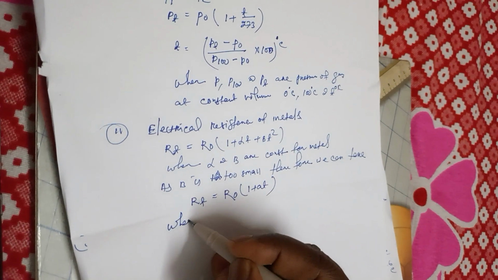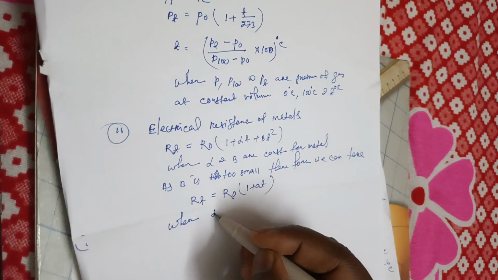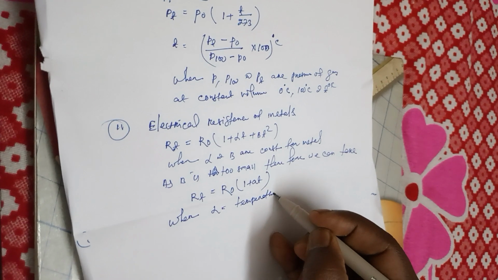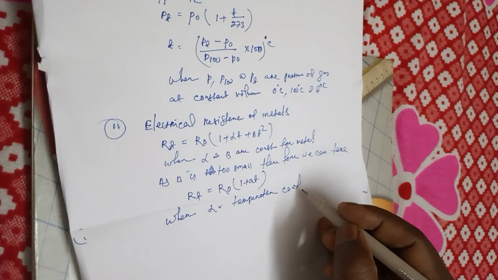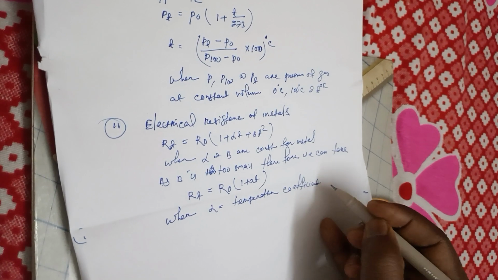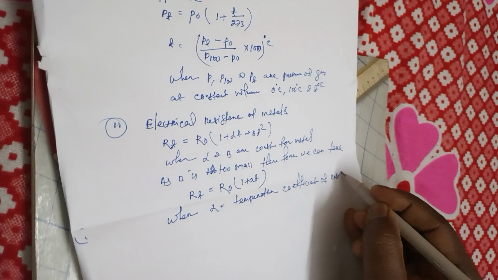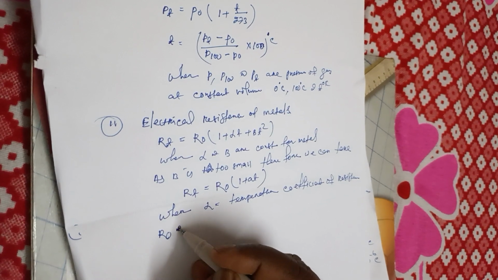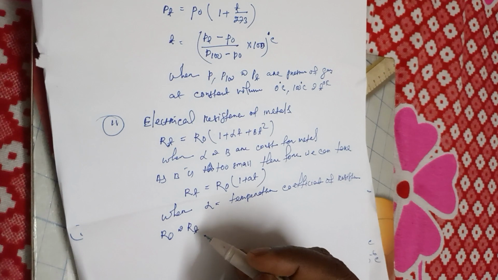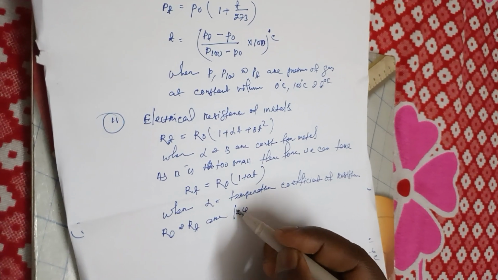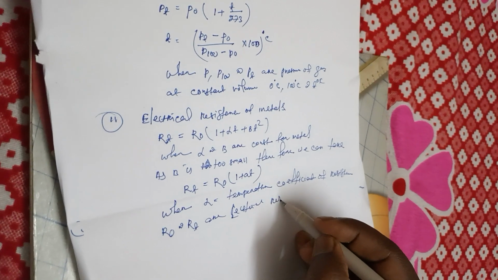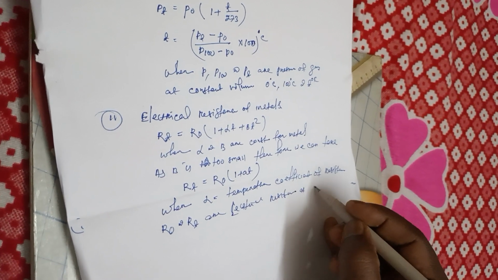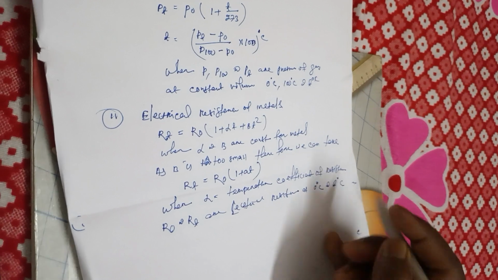where alpha is the temperature coefficient of resistance and R0 and Rt are electrical resistance at 0 degree centigrade and T degree centigrade.